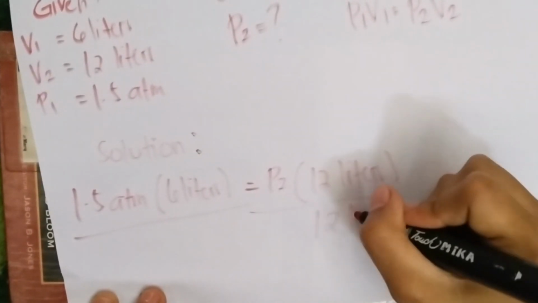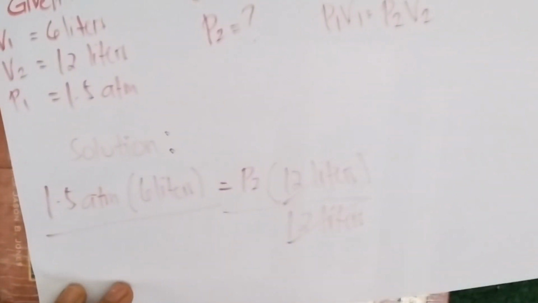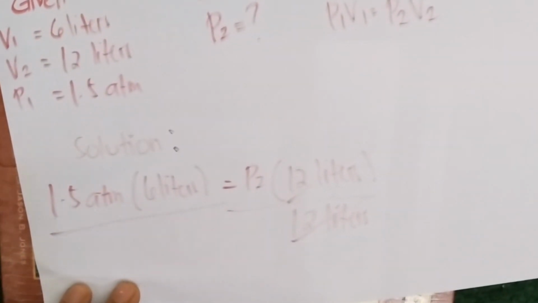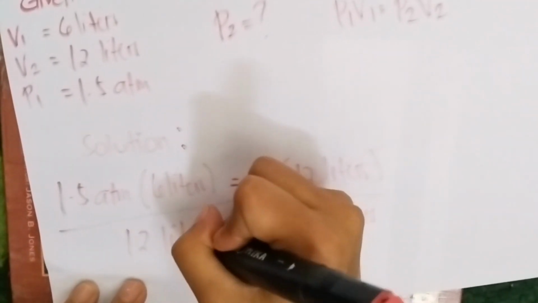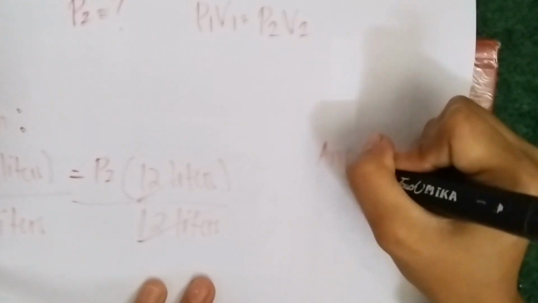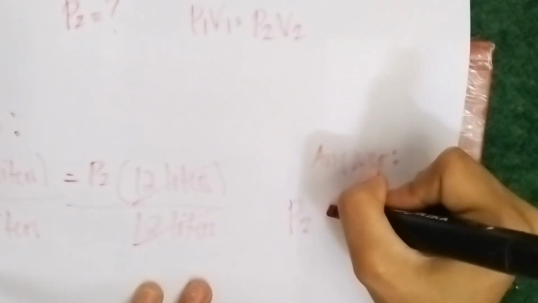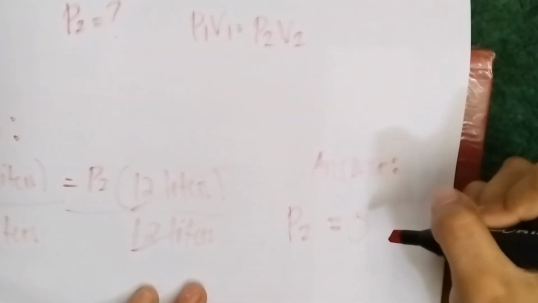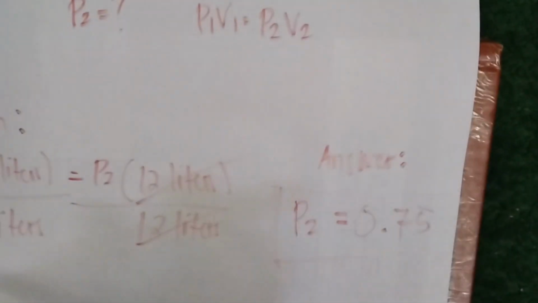Bring down the 12 liters on both sides, and cancel it. All you have to do is multiply the 1.5 atm by 6 liters and the result will be divided by 12. And our final answer, P2, is equal to 0.75 atm.